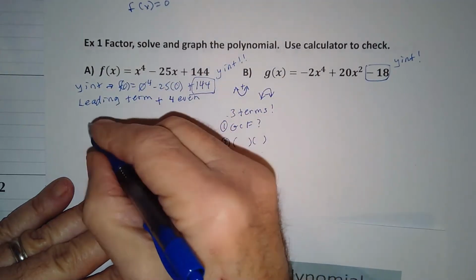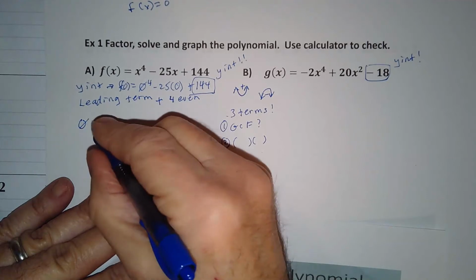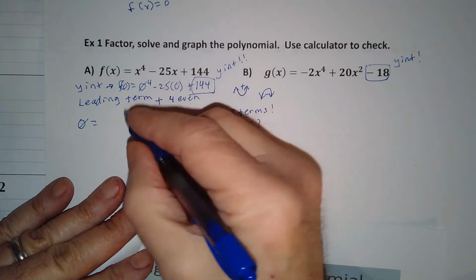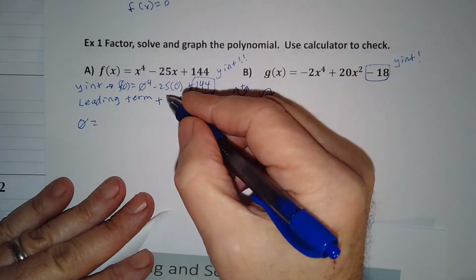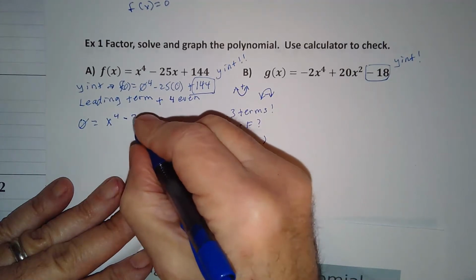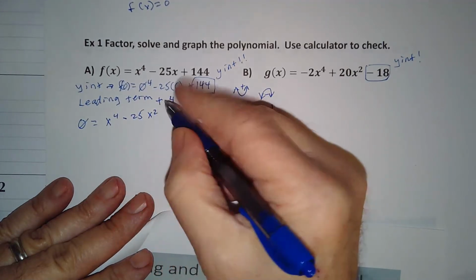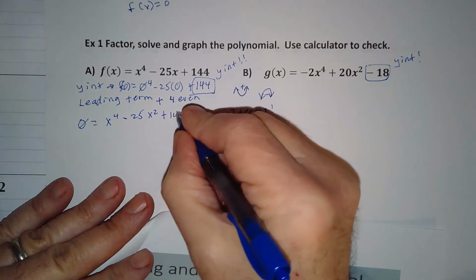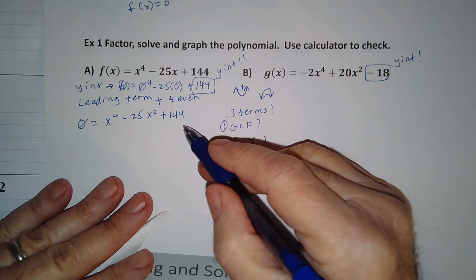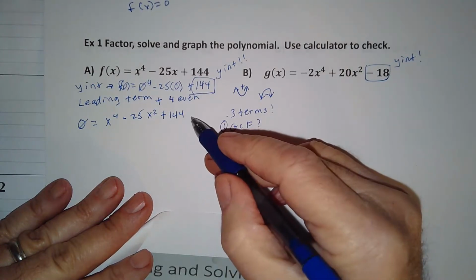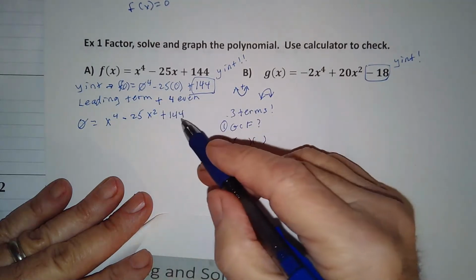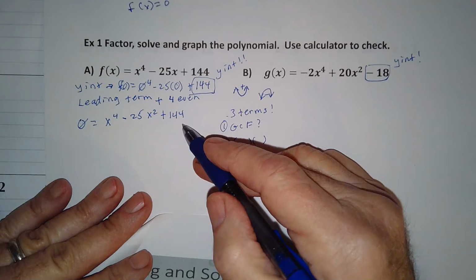So let's set this to 0. 0 equals, and then we're going to double bubble x to the 4th minus 25 x squared plus 144. Okay, so looking at this, all right, so x squared times x squared gives you x to the 4th, and 144, obviously, that's a perfect square too.